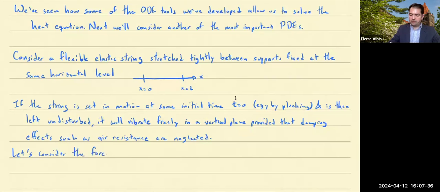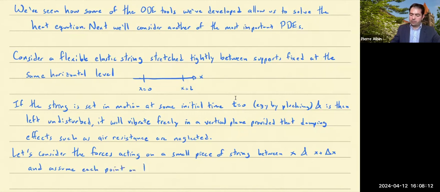Let's consider the forces acting on a small piece of string between some point, say x, and x plus delta x, and assume each point on the string moves solely in a vertical line.